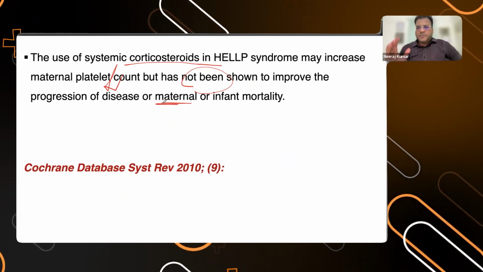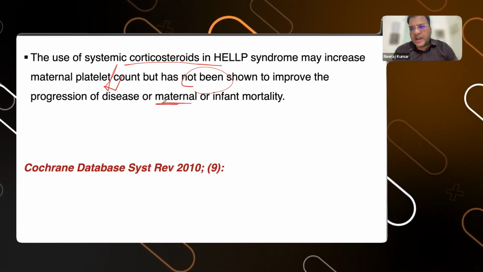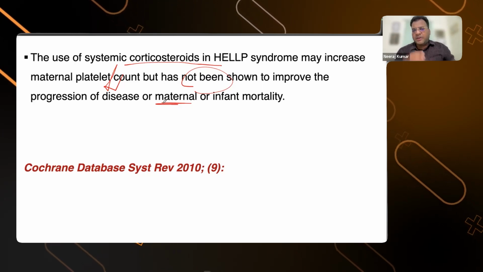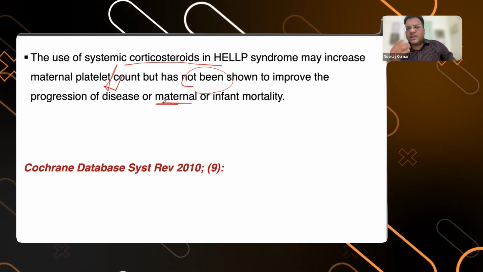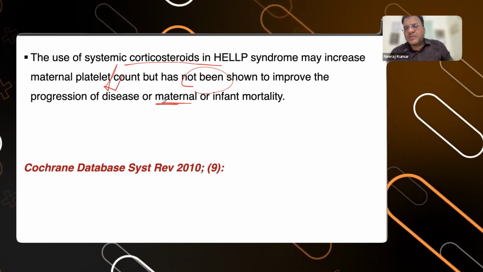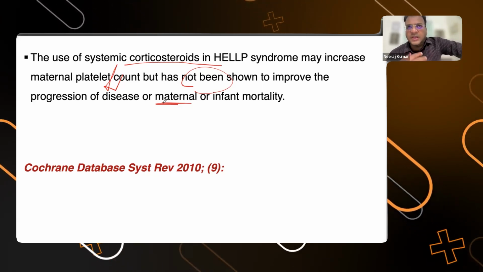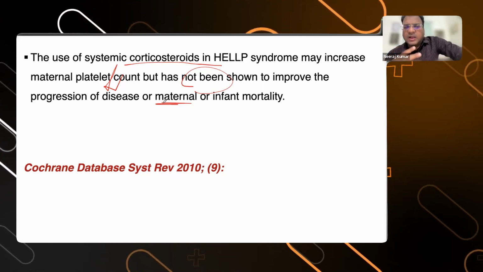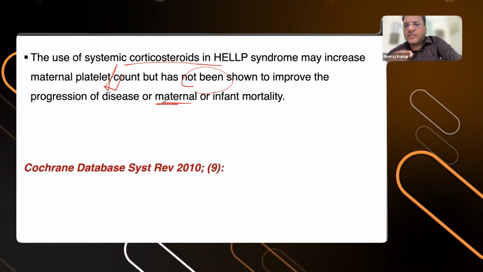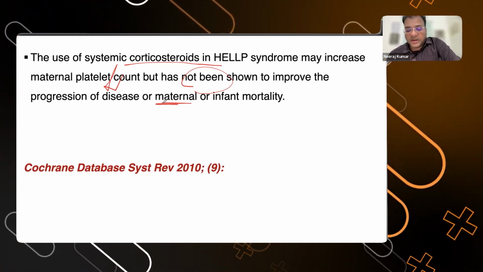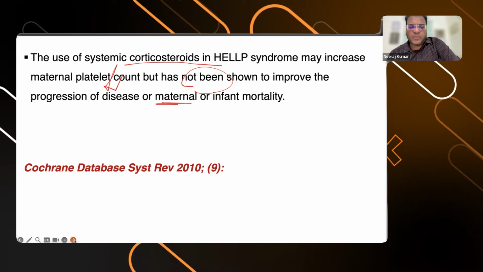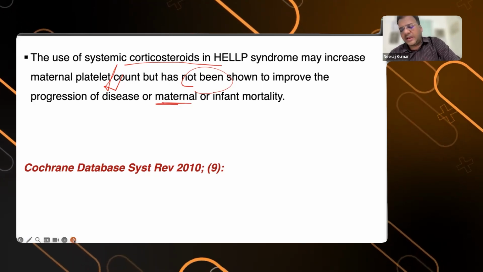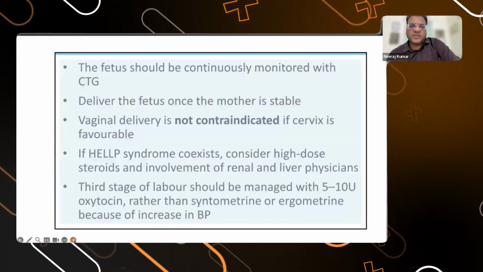There will be no halt in the disease process, and the patient will have maternal as well as infant mortality. So it's a Cochrane database in which they have concluded that systemic steroids in HELLP syndrome may increase the platelet count, although with no effect on maternal morbidity as well as infant mortality, and never will it affect the progression of the disease.